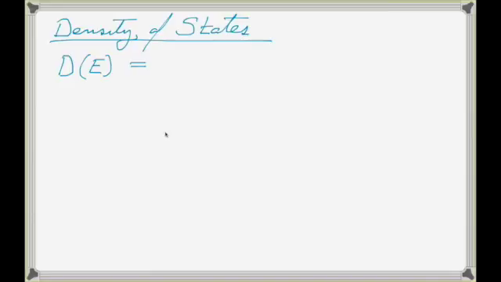In 3D, our density of states is 1 over the volume, sum over k, Dirac delta function of E minus this epsilon of k.